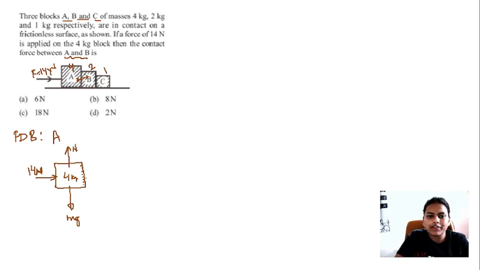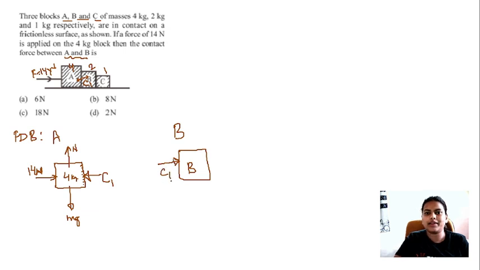But here we will represent only the forces acting on the body, like what B is applying on A. So the force B applies is C1, contact force 1. Just draw the free body diagram for B, then you will understand. So this is body B and in this direction C1 is applied, what A is applying on B, and both forces are equal, an action-reaction pair. That's why I wrote C1 for both the contact forces.